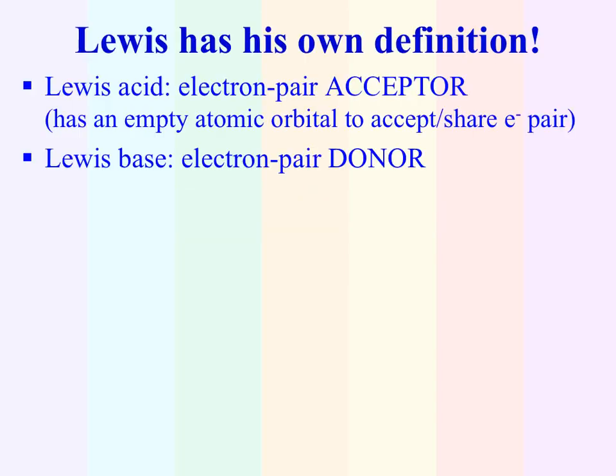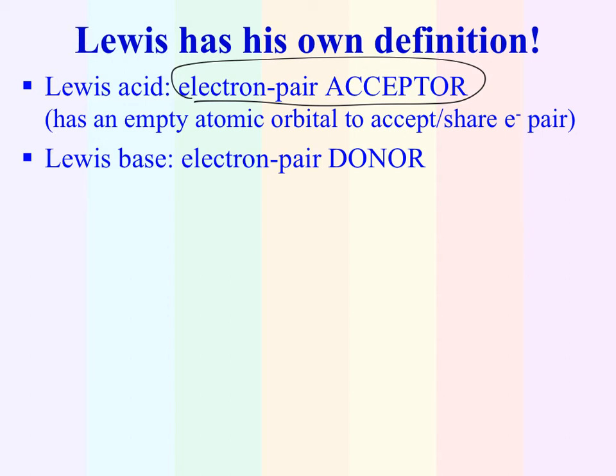Let's look at another acid-base model. In this section of the lecture, we're going to be looking at Lewis acids and bases. The Lewis acid has its own definition. It's very specific in the fact that a Lewis acid is the electron pair acceptor. Notice we're no longer talking about H+ in terms of identifying our acid.